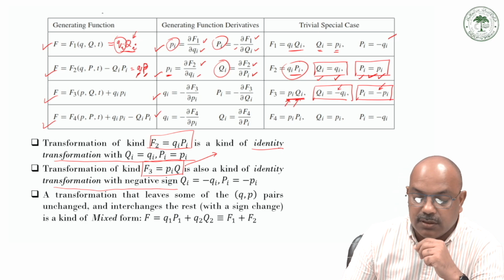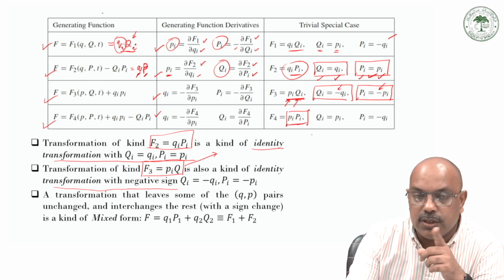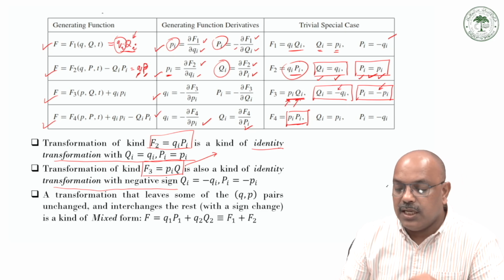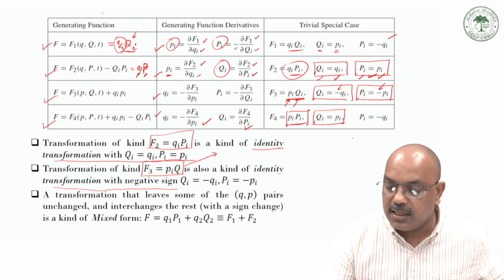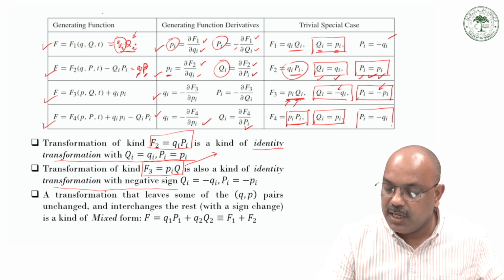The third type of transformation, in case you concentrate on this p, is pi. If you apply these two differential equations, what you're going to get is capital Q equal to pi, and capital Pi equal to minus Qi.